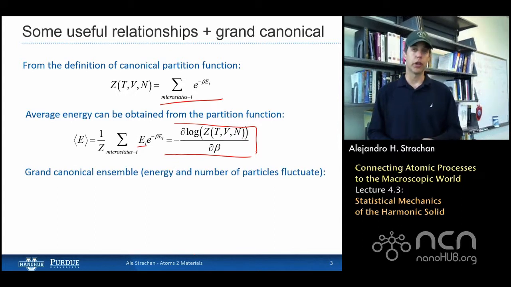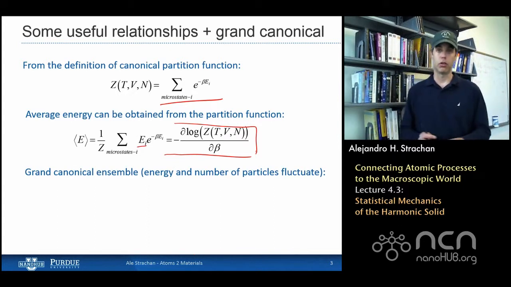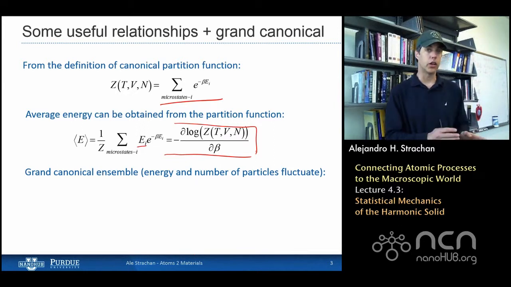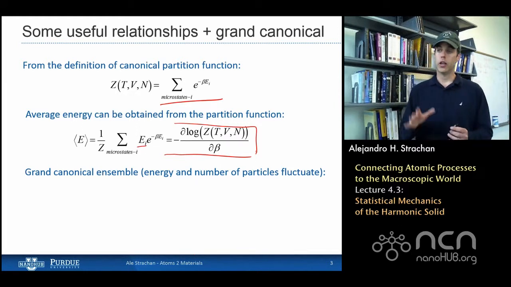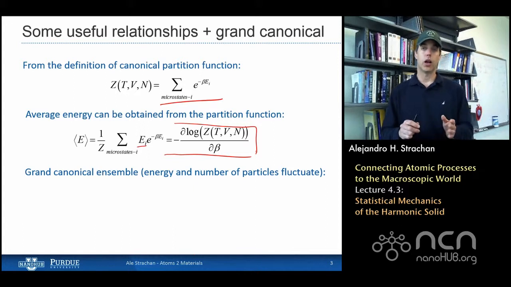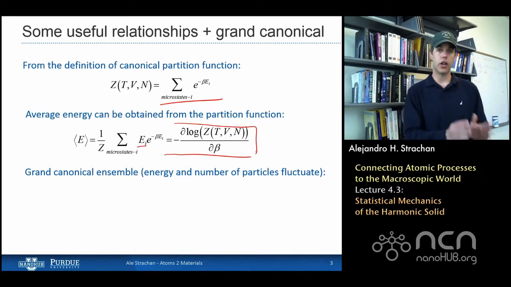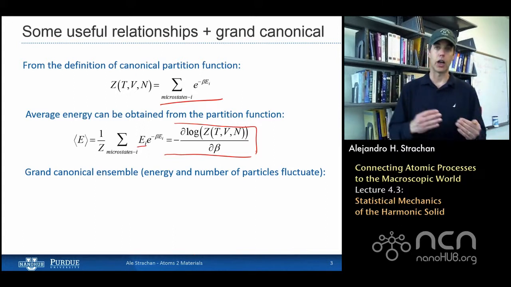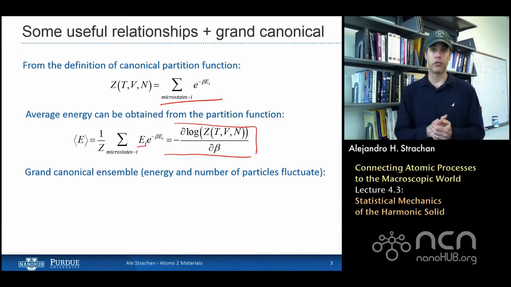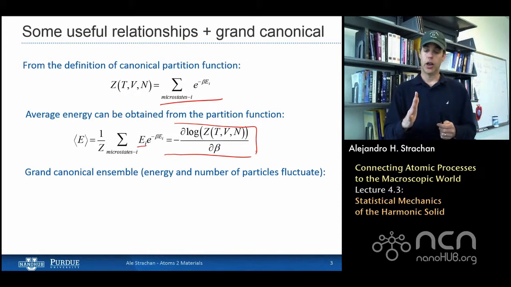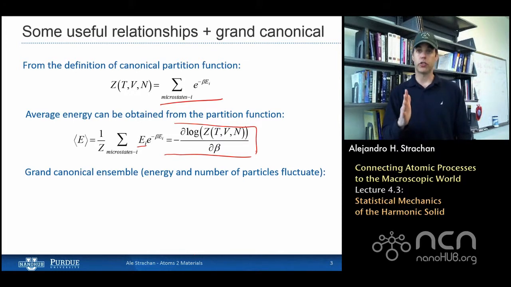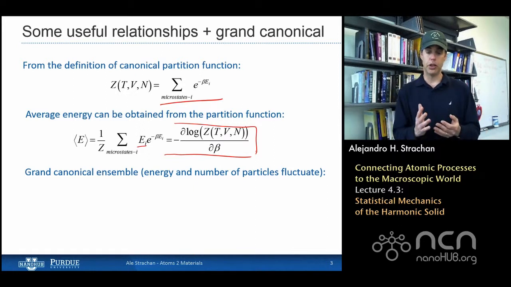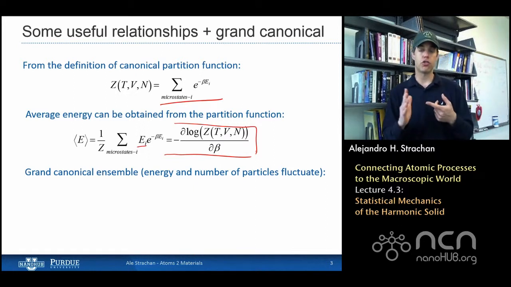The other thing I want to bring up is another ensemble called the grand canonical ensemble. In this ensemble, energy and the number of particles, the number of atoms, are not fixed, but are allowed to fluctuate. Volume is fixed though. So the system of interest is allowed to exchange energy with the surrounding medium, but also exchange particles.